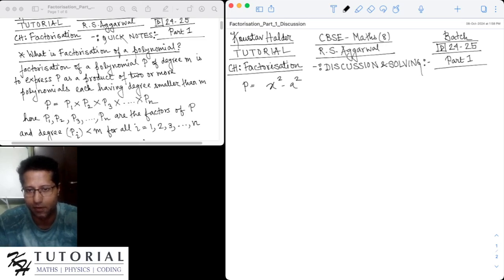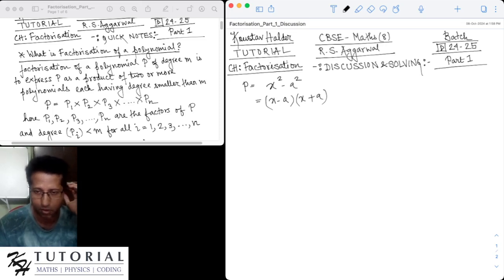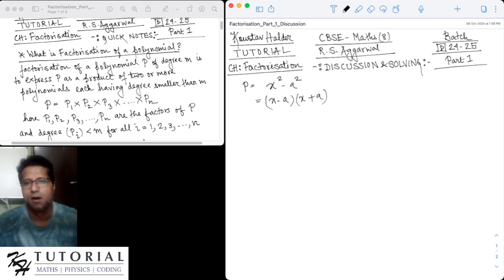We know from the previous chapter of algebraic identities, a square minus b square is a minus b into a plus b. So we can say that x square minus a square will be x minus a multiplied by x plus a. So we have expressed the polynomial x square minus a square as a product of two algebraic expressions, x minus a and x plus a.